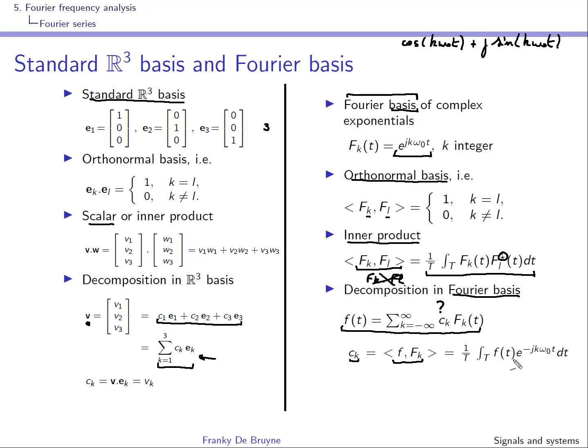Here we have f of t, and we have to take the complex conjugate of fk, and this leads to the minus sign over here. So this is how we are going to compute the Fourier coefficients that allow you to decompose f of t, a periodic function, in the Fourier basis.